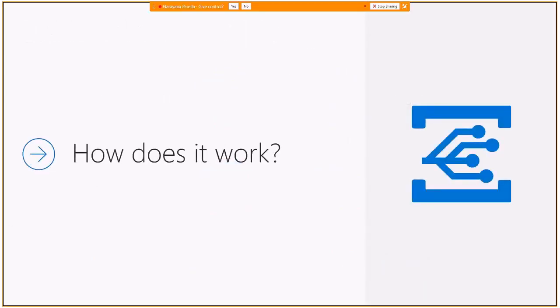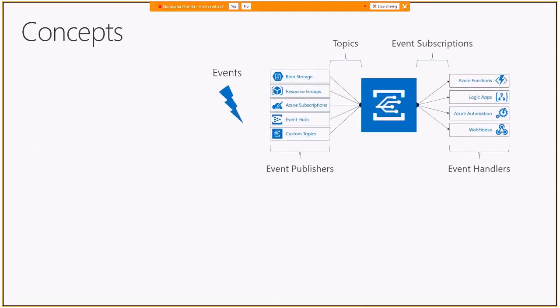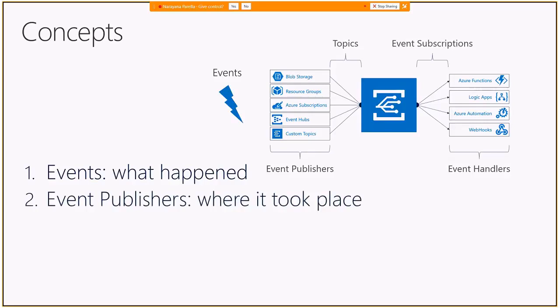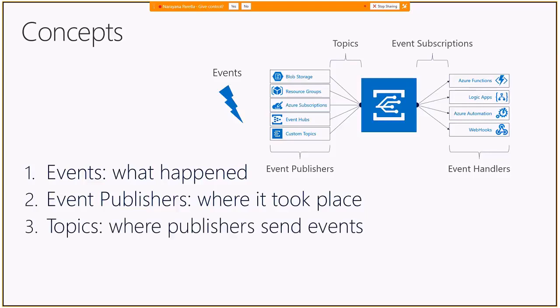So how does it work? All in all, this is how the Event Grid functionality looks. Events are basically what happened. The event publisher is where it took place, what happened where. Those event publishers publish the events to their specific topics, for example, Azure Storage Account, Azure subscriptions, or resource groups.